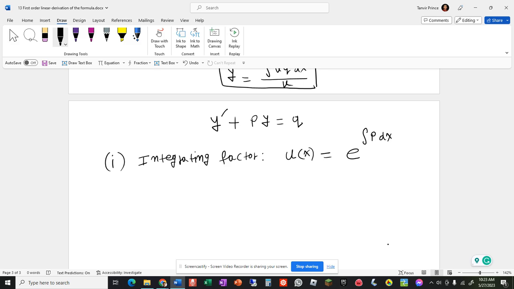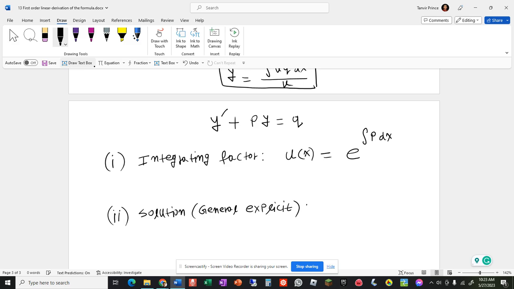Once you have the integrating factor, step 2 is the solution of this differential equation. This is going to be the general solution, and this is actually going to be explicit. So this is the general explicit solution.